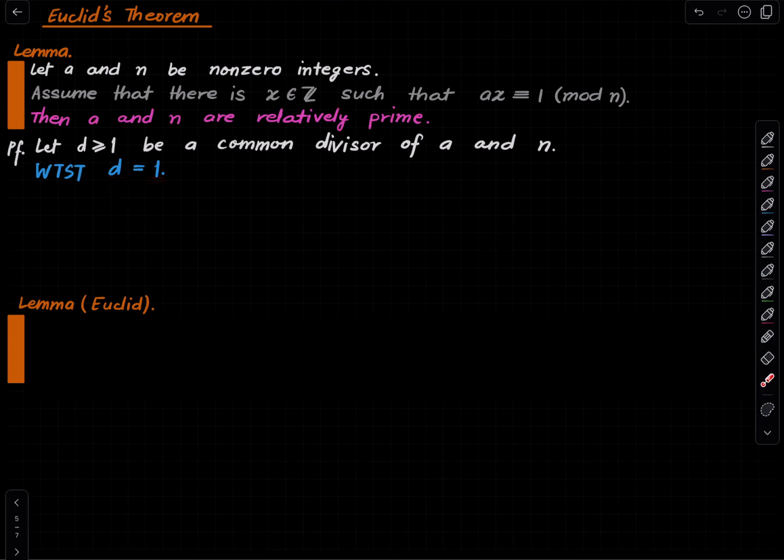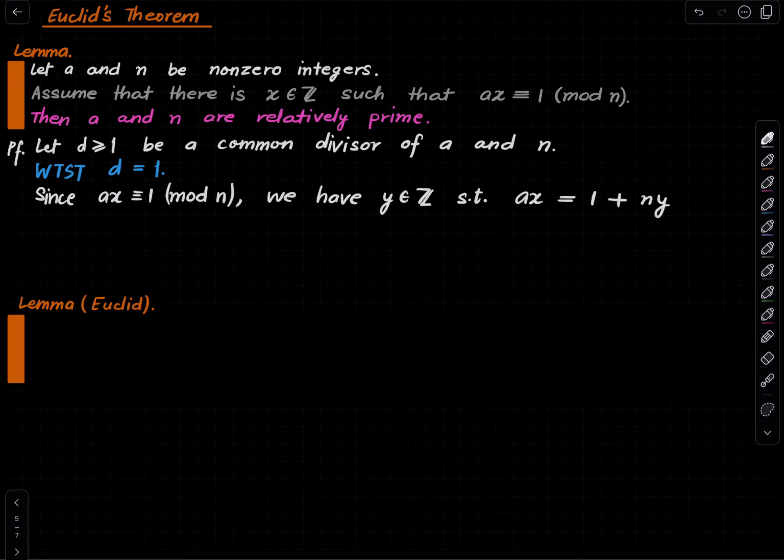Okay, but now by the given fact, since ax is congruent to 1 mod n, we have, by definition of congruence, some integer y such that ax equals 1 plus ny, which implies ax minus ny equals 1.